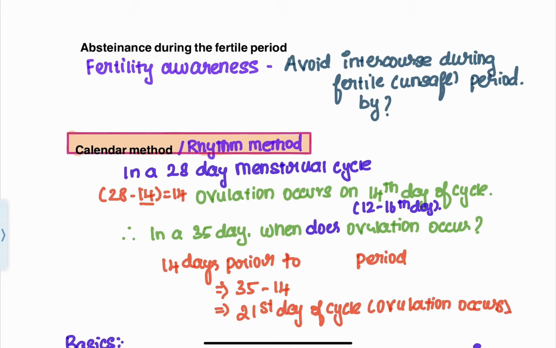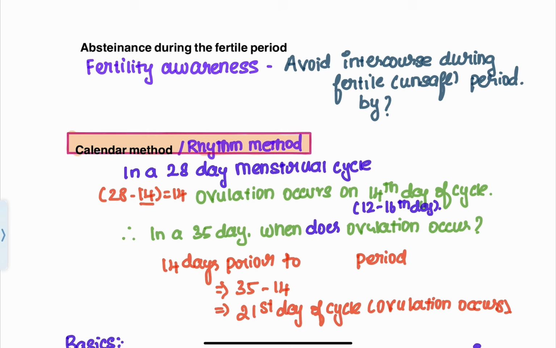So in order to ascertain the day of ovulation, you have to subtract 14 days from 28, that is the total duration of the menstrual cycle experienced by the female. Why? Because 14 days prior to the menstruation, ovulation is going to occur. So 28 minus 14 is going to be the 14th day. Therefore on the 14th day of the menstrual cycle, ovulation is going to occur.